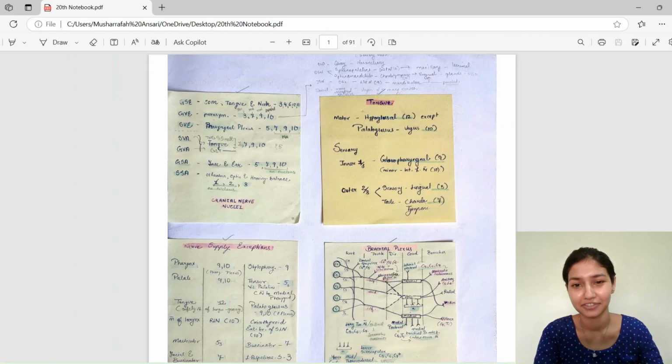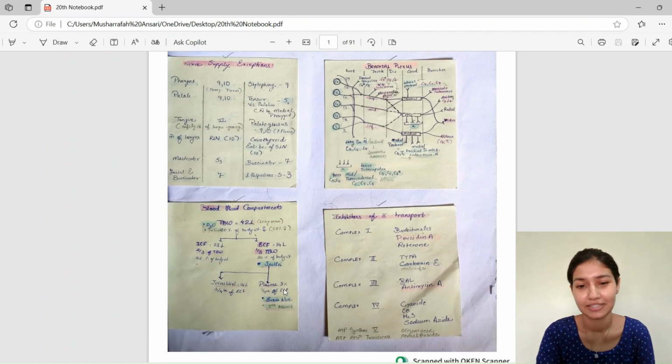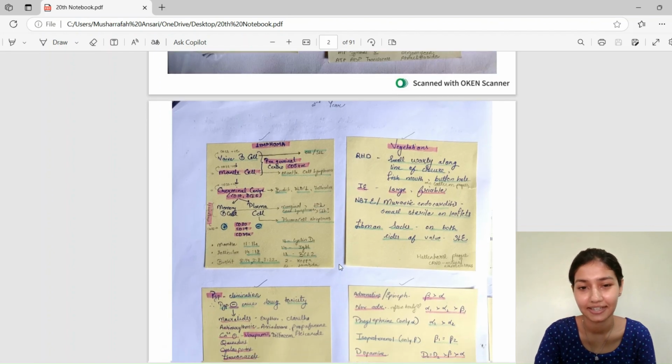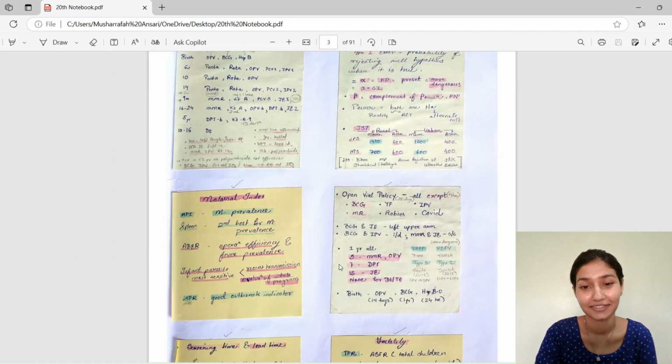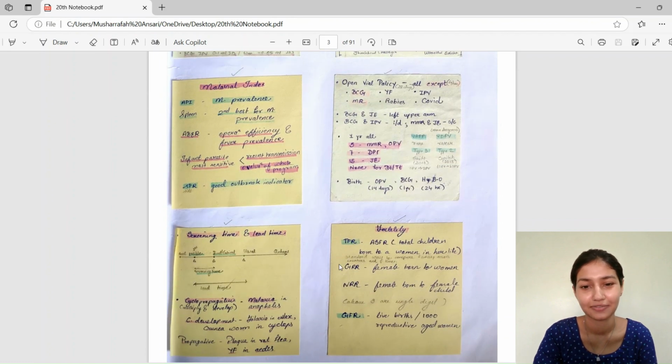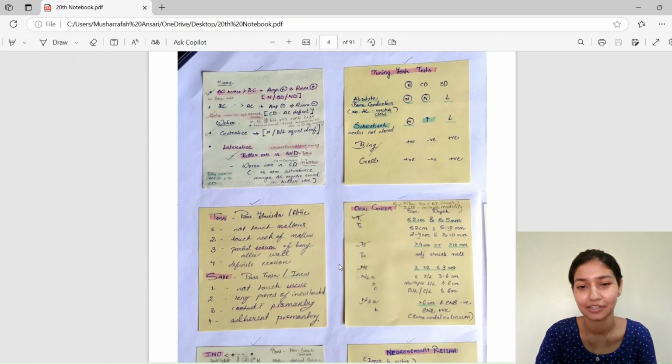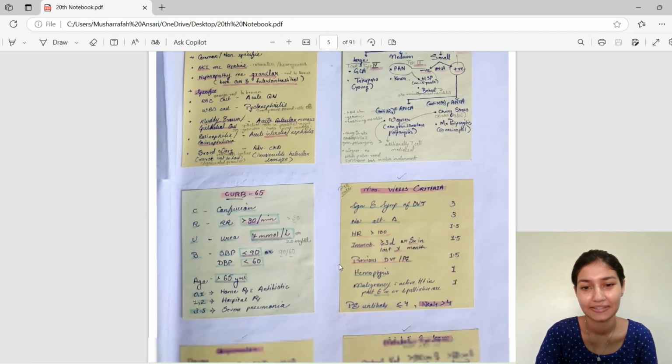You can see flashcards stuck onto pages, followed by pages where each page denotes a particular subject. And here we have first year with anatomy, biochemistry, and physiology. The second year, the third year, this is for PSM, then ENT and Ophthalm, medicine.